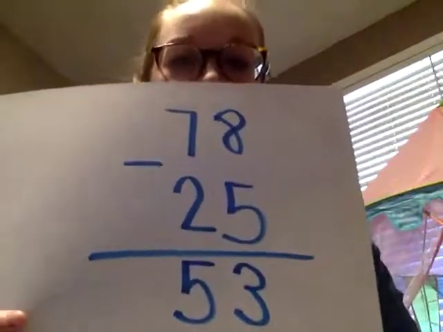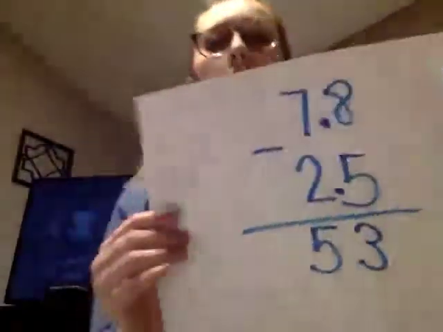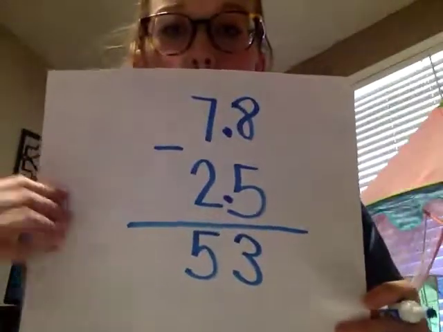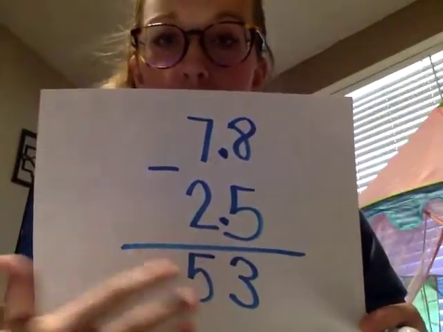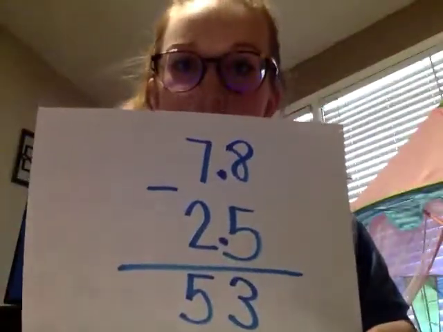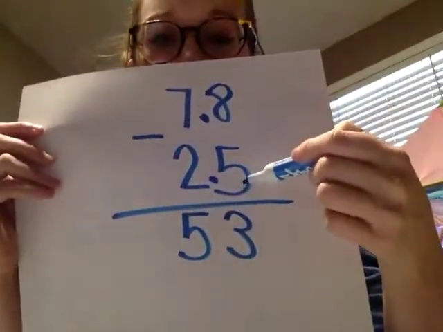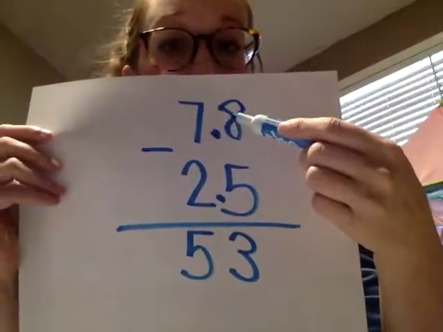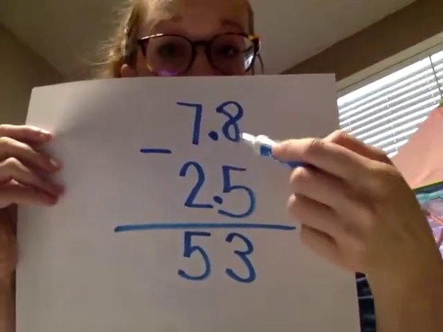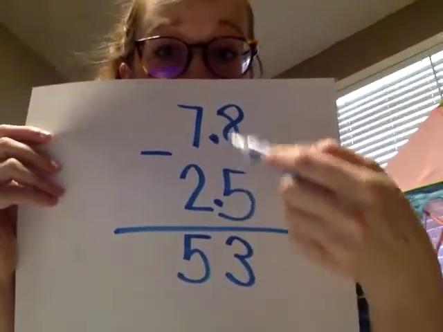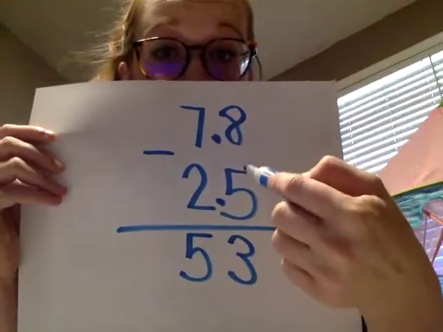But what if these were decimals instead of whole numbers? If I had a decimal between the 7 and the 8 and the 2 and the 5, making the 7 and 8/10 minus 2 and 5/10, would I do it the same way? Yes. You would still start with 8 minus 5, not because this is in the ones place, but because it is smaller than the ones. It is in the 10th place, the smallest place value that I have in this number.